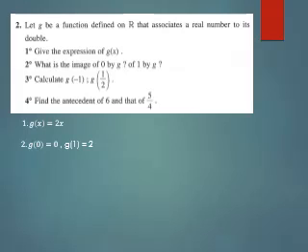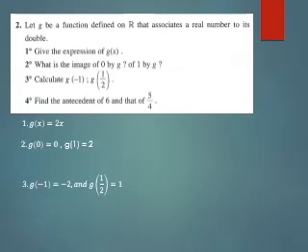So they ask you about the image, so they want g of 0, g of 1. They want you to calculate g of minus 1 and g of half. So you replace x by minus 1 and another time by half. We get g of minus 1 is minus 2 and g of half is 1. Now they want the antecedent.